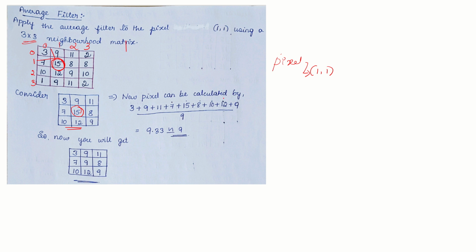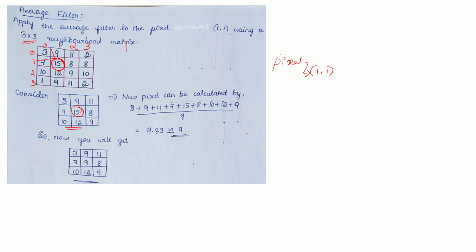New pixel can be calculated by, what is the operation we have to do? Average filter. Average, in the sense, what is it? Generally, if you are asked to calculate the average, first you will do the sum, isn't it? Sum of all the elements.